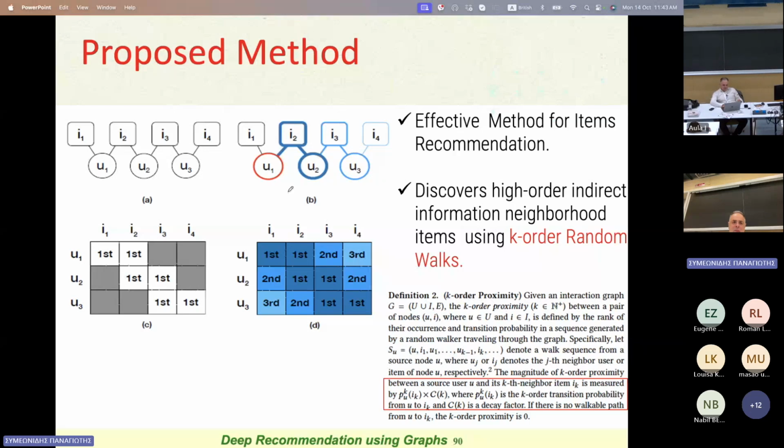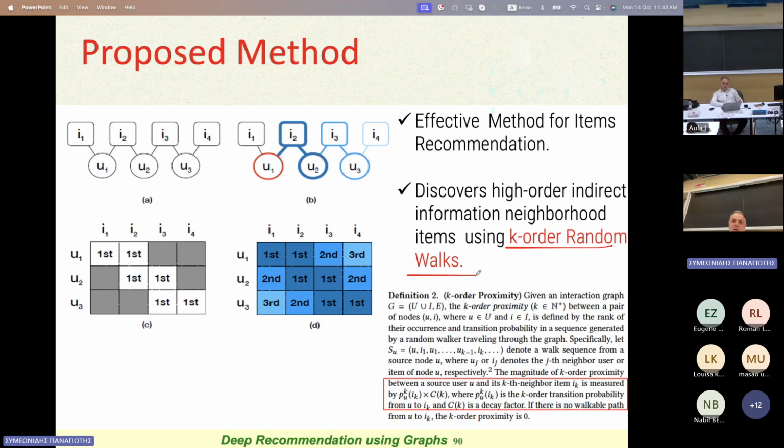Here we see the user item interactions in a bipartite graph, the fact that a user has interacted with an item. And as you can see here, what they perform is k-order random walks.